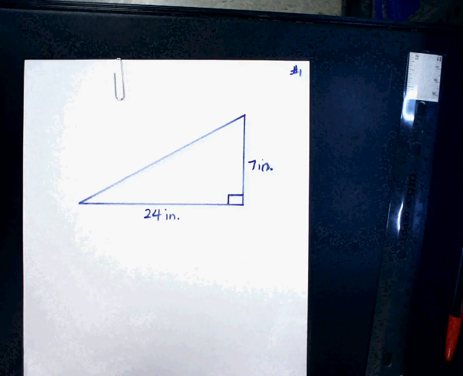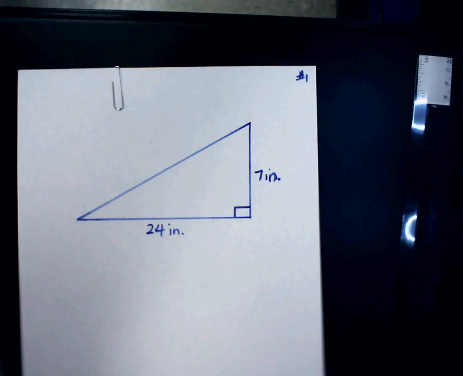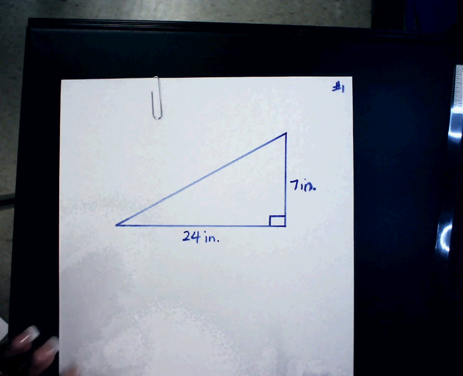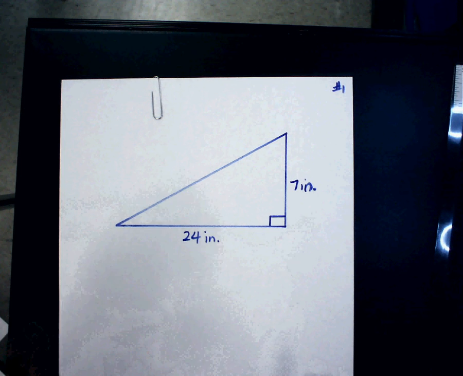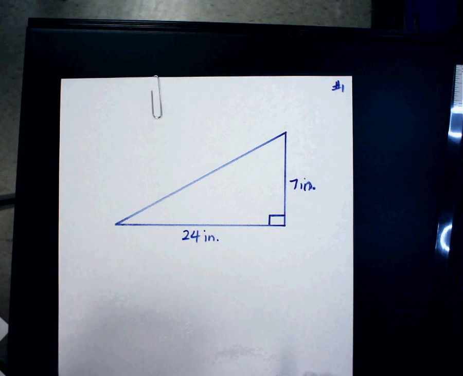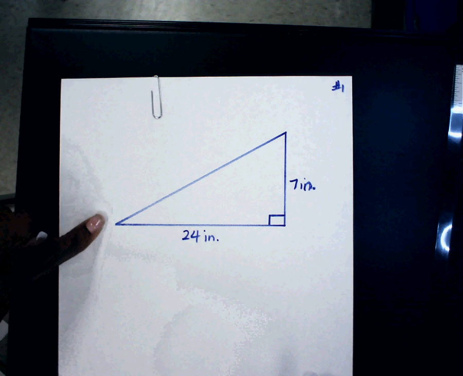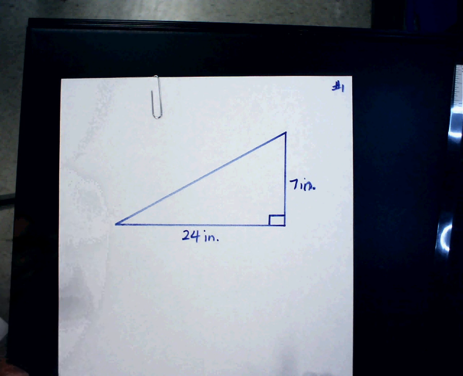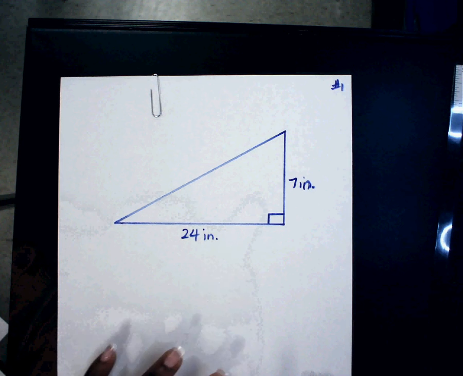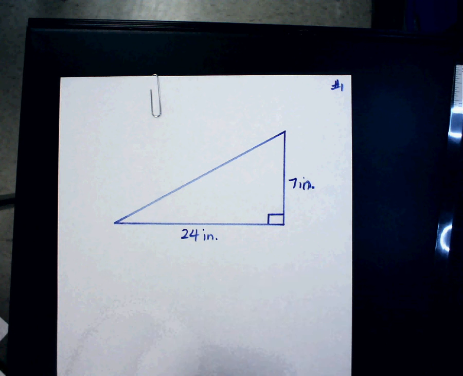Okay, here we go. So we have this right triangle, and the first thing that we're going to do when we see this right triangle is label our 2 legs, which are A and B, and we also want to label our hypotenuse, which, if I didn't say it before, is the longest side of the right triangle.